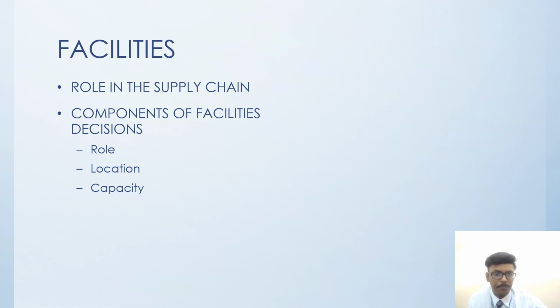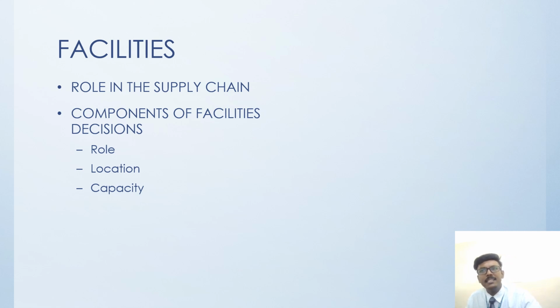Then when we talk about location, deciding where a company will locate its facility constitutes a large part of the design of a supply chain. When we take a manufacturing site, when we construct a factory, we need to take care of a lot of factors, right? Suppose we put that factory in a very remote place, what will happen? We won't get employees, right?